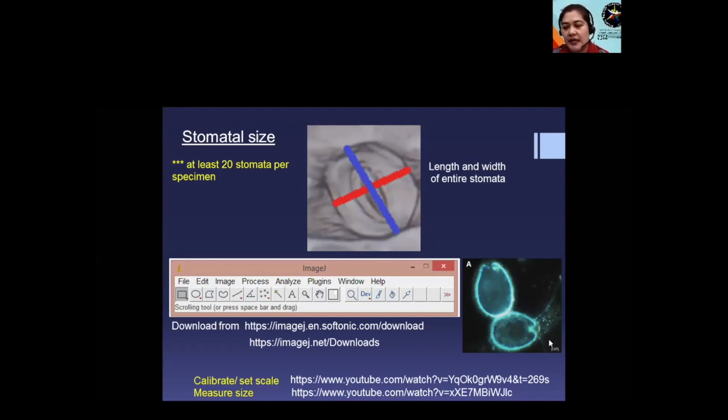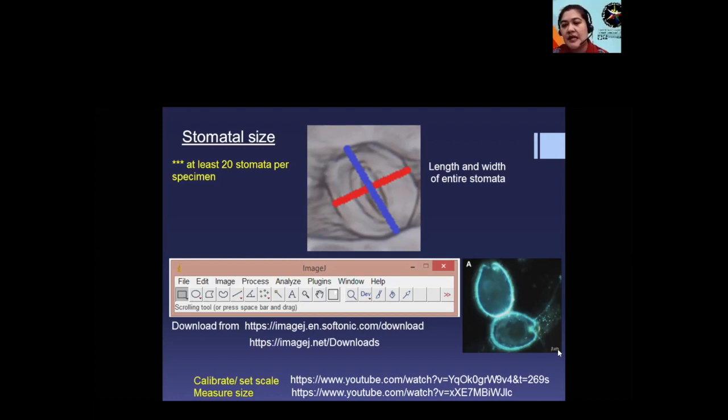Ito po, nakikita nyo po ba yung 5 micrometers dito sa baba? Gagamitin po natin yan. Kasi ang pag-analyze po ni Image J is per pixel. Pero ang pag-measure niya ng per pixel is nakadepende dito sa 5 micrometers na to. So pag sinalpak nyo po ito sa Image J, you are going to measure one end of this papunta sa kabilang end nito.